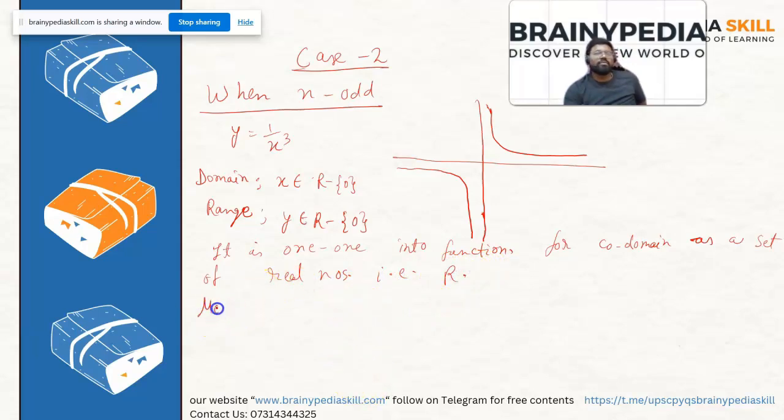This one is monotonically decreasing throughout its domain. Whatever the domain you take, it will be decreasing. So monotonically decreasing throughout its domain.